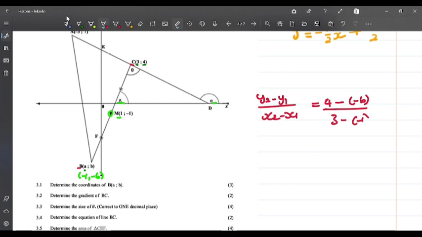Now at the top I'm gonna have 4 plus 6, and here I'm gonna have 3 plus 1. Punching this into my calculator, 10 divided by 4 is the same as 5 over 2. So the gradient of line BC is equal to 5 over 2.